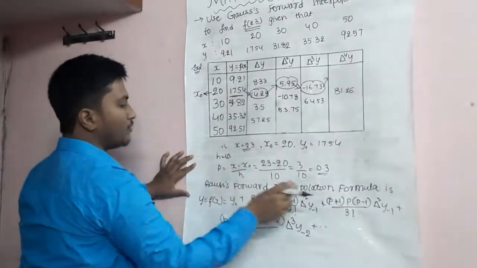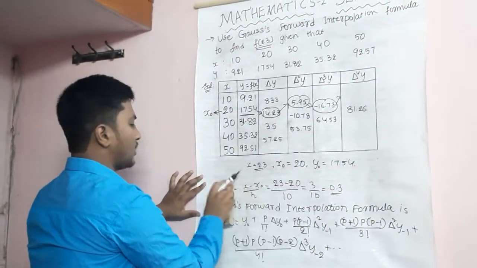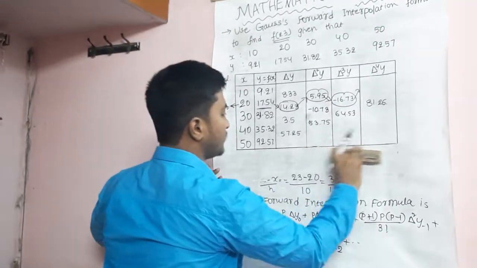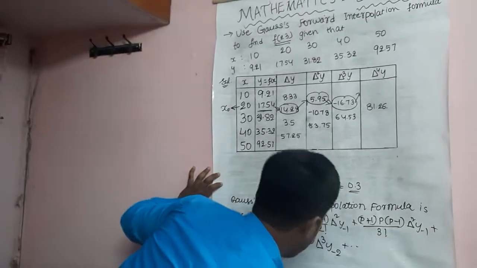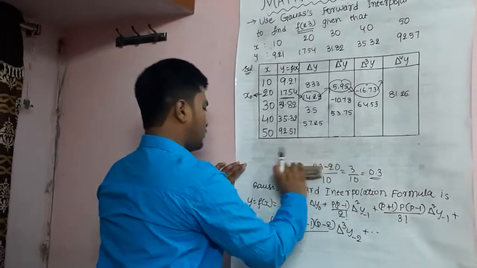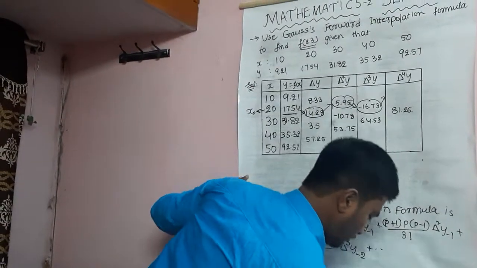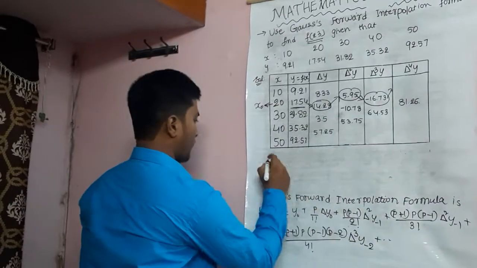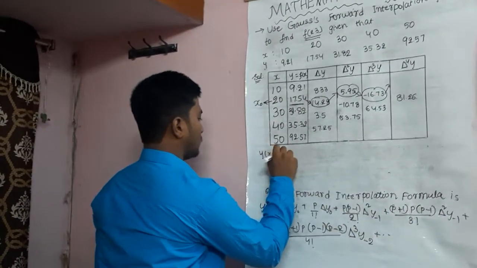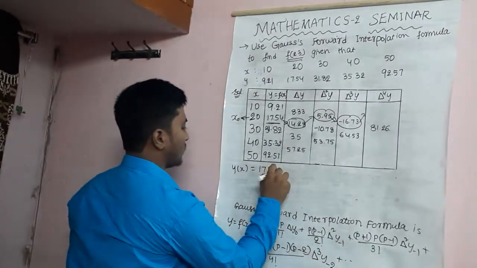So now we have the p value as 0.3. Now substituting the p value in the given formula, y of x equal to y naught, 17.54, plus p.